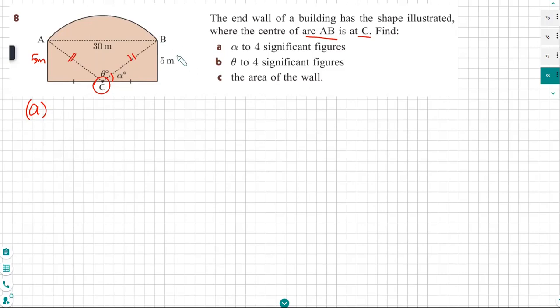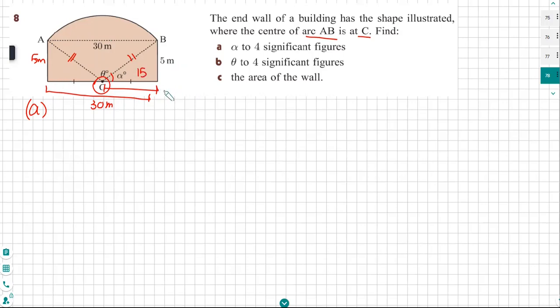Another thing should be noted: this total length is given, which is 30 meters. So this half length must be 15 because the two lengths are equal. So obviously 30 must be divided into two equal parts. So this length will be 15. Clear?